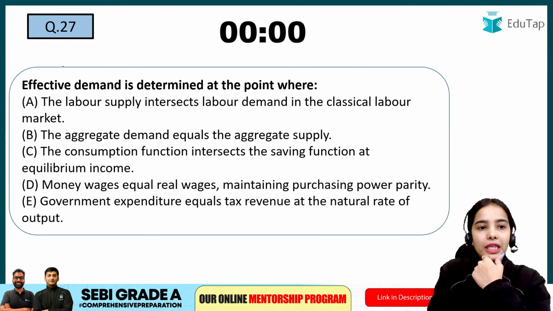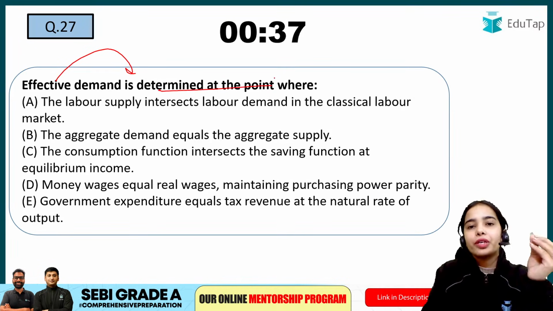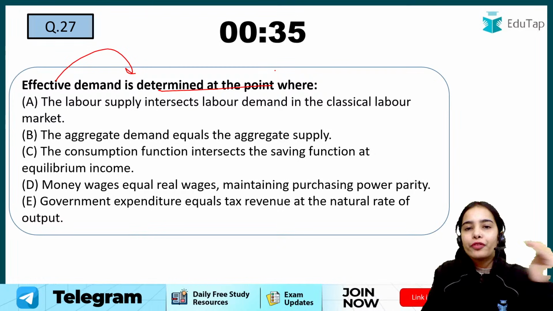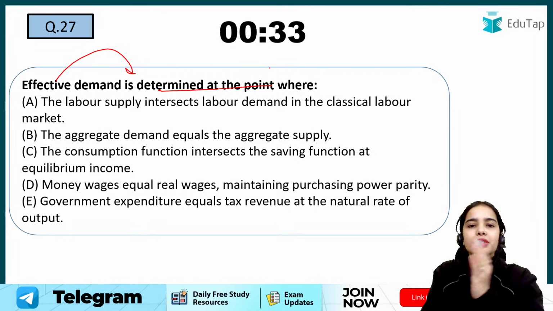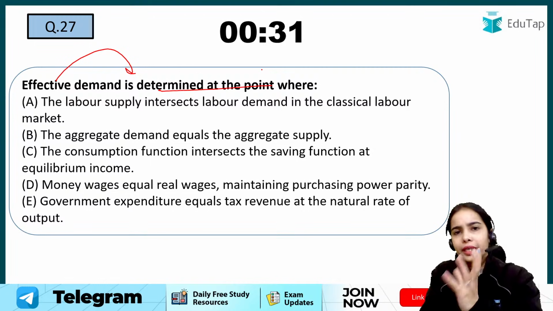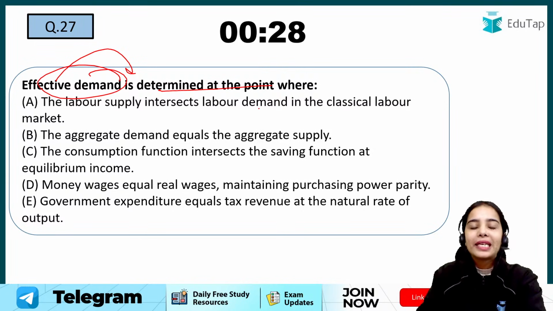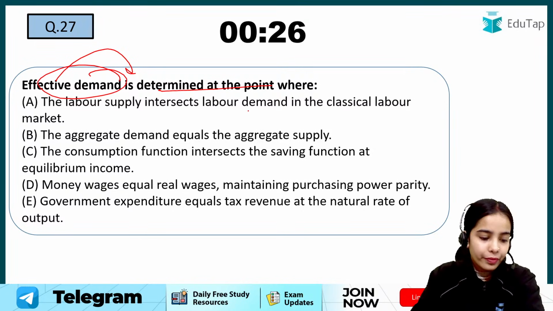Now, coming to the next question: effective demand is determined at the point where. Effective demand is a very favorite topic of SEBI and PFRDA. They have asked it in phase 1 in different years.